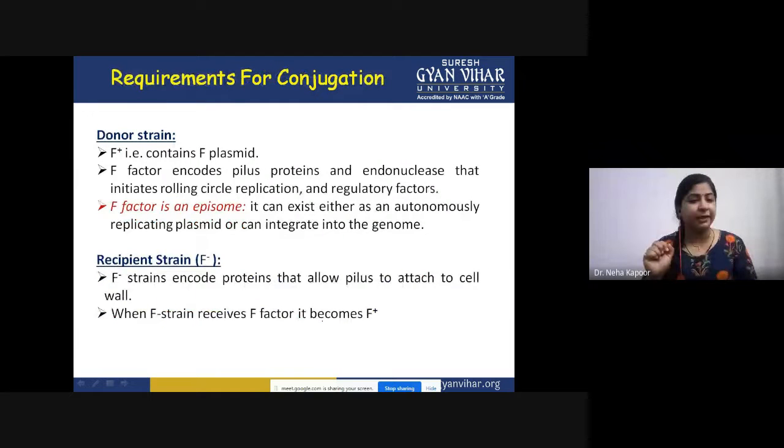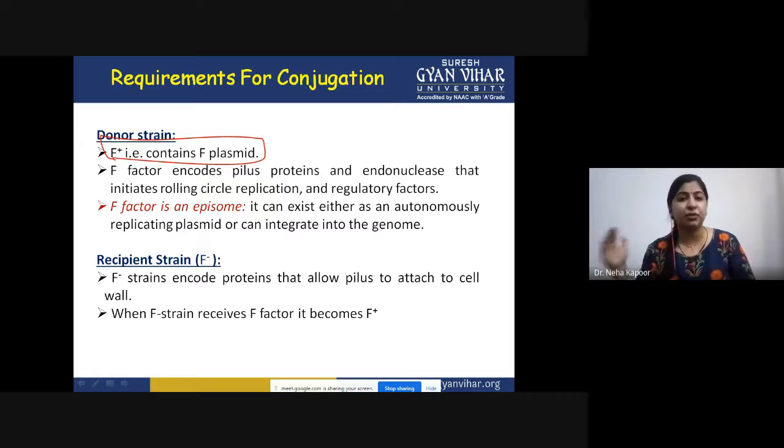Now, whenever you are talking about the conjugation process, there are certain requirements. You need a donor strain, which contains an F plasmid. If a particular bacteria has an F plasmid, you can say fertility plasmid, those strains are known as F positive strains, or donor strains.